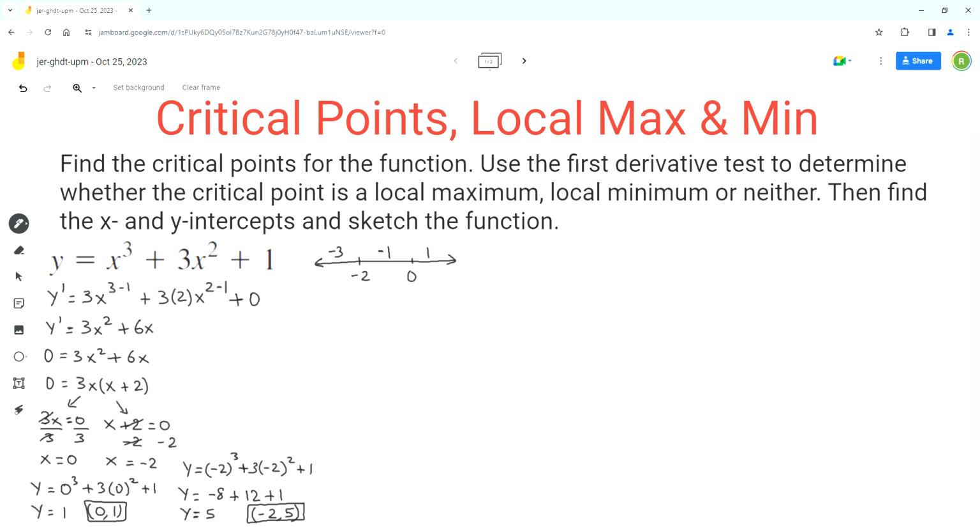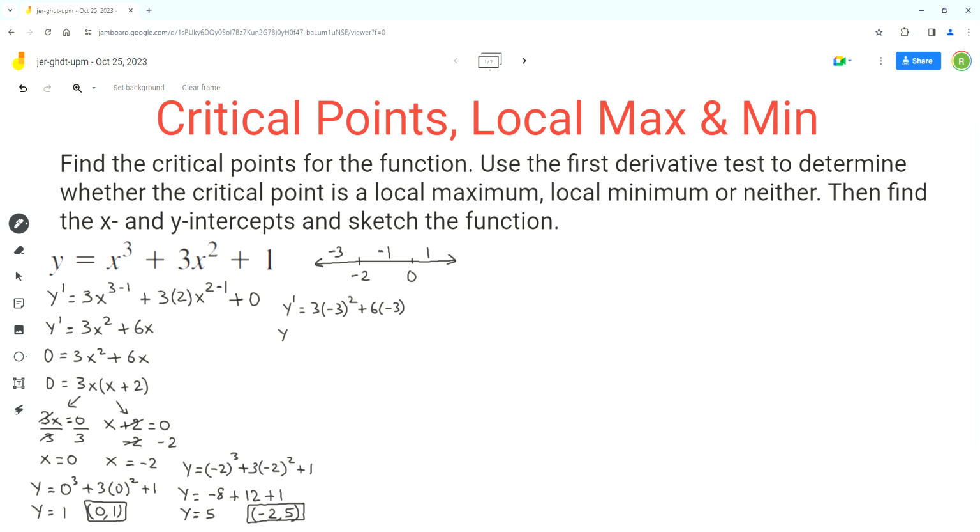Now we found that y prime is equal to 3x squared plus 6x. So we'll use this equation. Let's start with -3. We'll sub in x as -3 in the y prime equation, 3x squared plus 6 times -3.